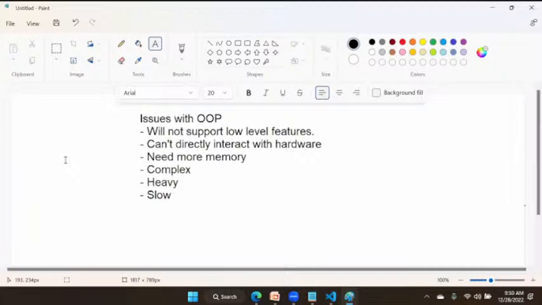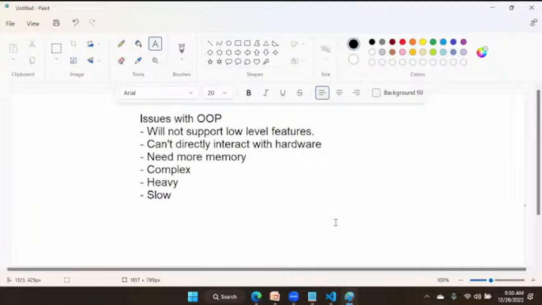An operating system can directly understand TypeScript. That is great because other OOP languages cannot do that. That is the advantage of TypeScript.